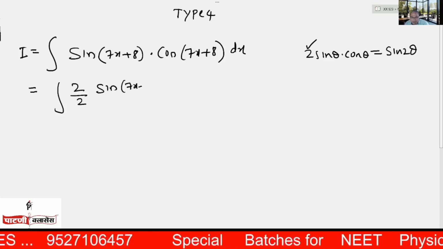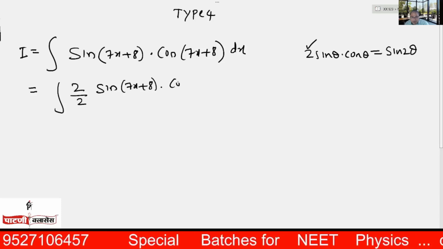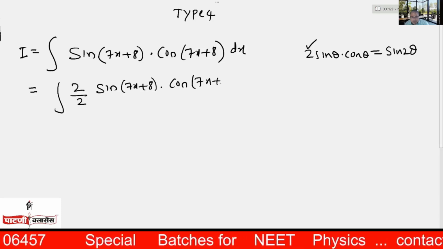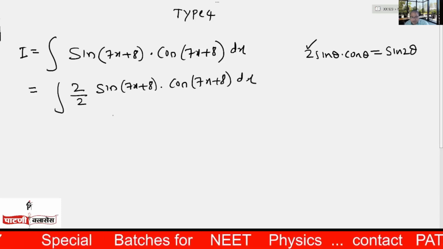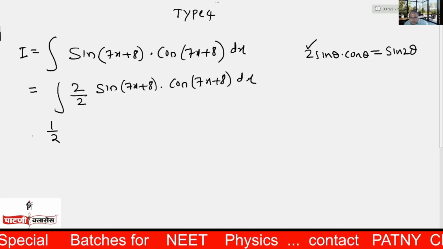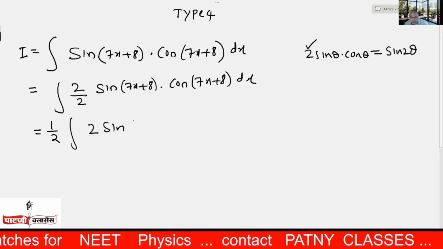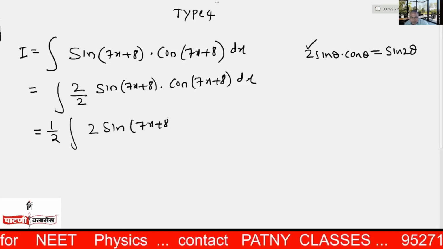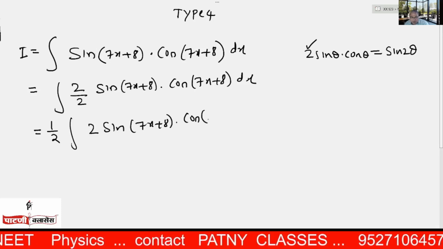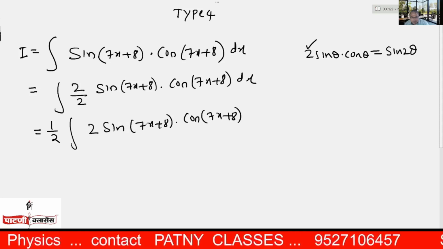In the original formula there is a 2, and in the given question the 2 is not there. So sin of 7x plus 8 dot cos of 7x plus 8 with respect to x, with 1 by 2 outside. So I have here 2 sin of 7x plus 8 dot cos of 7x plus 8 dx.